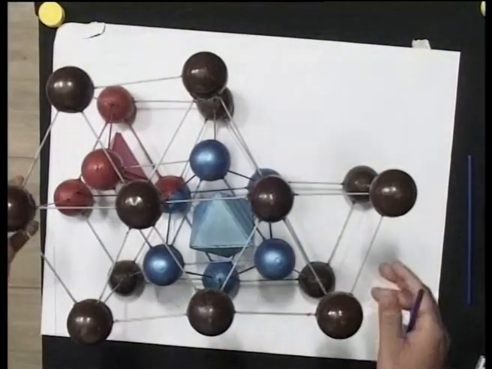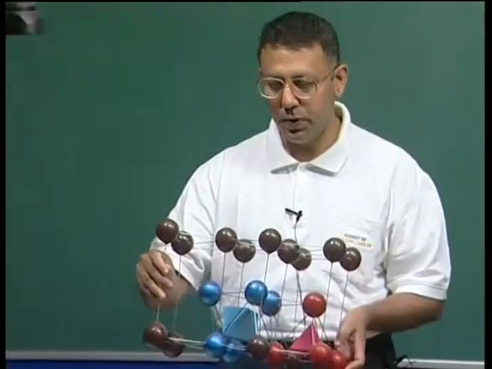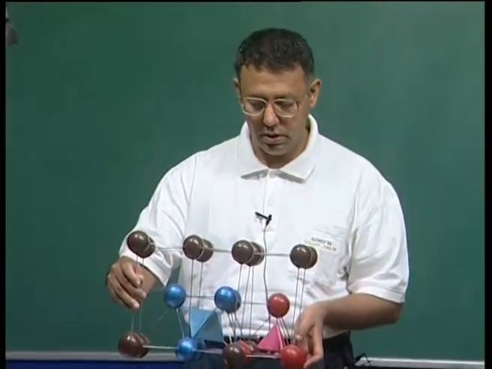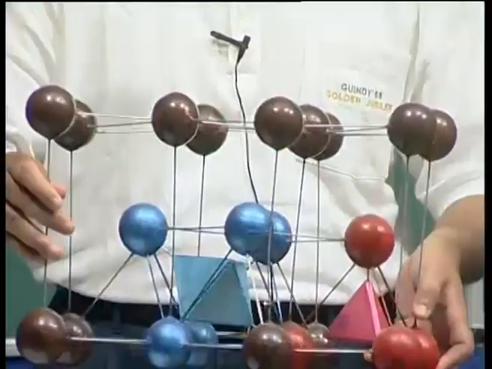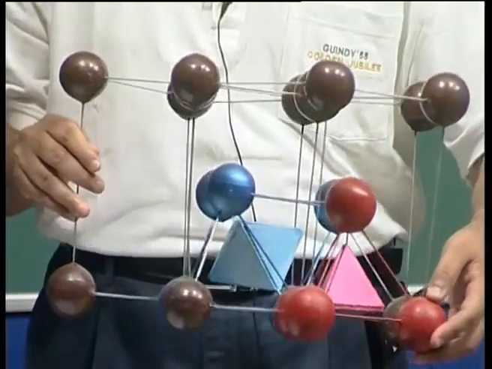So this model is a very illustrative model, and let me take a little time out to actually show this model from various perspectives. This is the model in this perspective. You can go around it a little bit to actually visualize the voids.